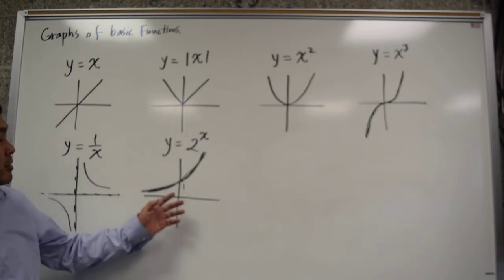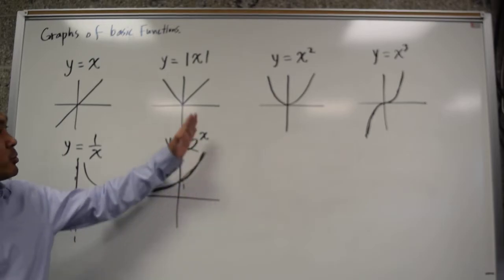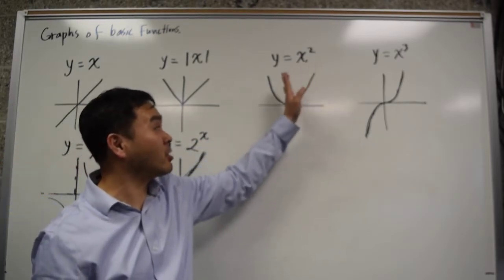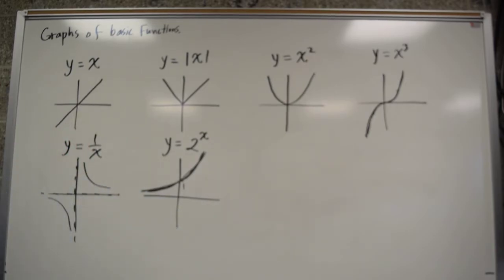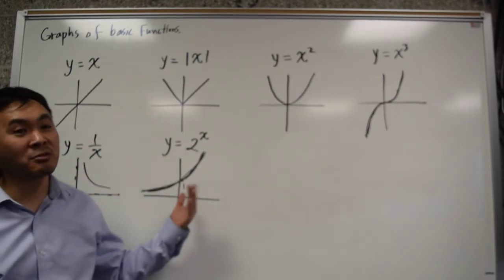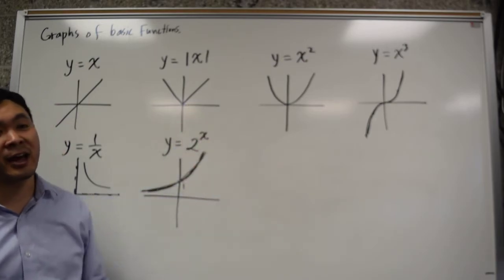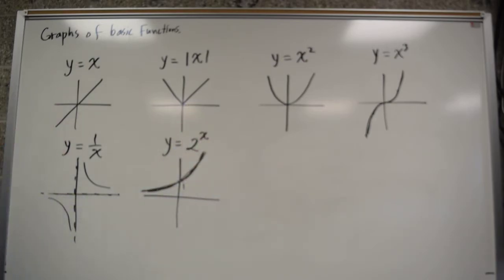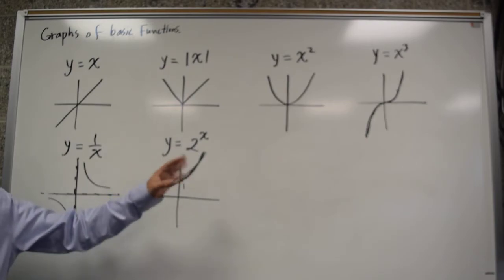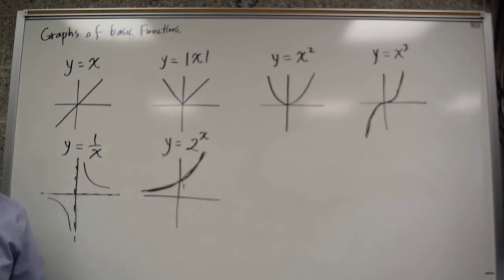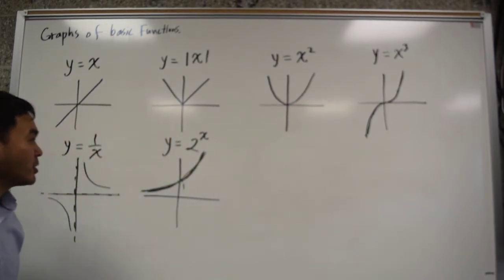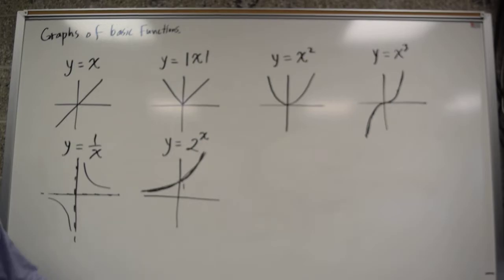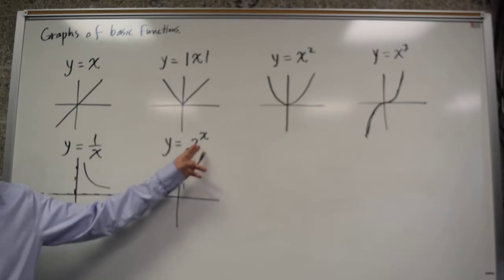Now notice that this graph is increasing. That's also increasing if you only see the right side. So when you describe a graph that's increasing like that, you can say this graph is exponentially increasing. Or you can also say this is increasing like a quadratic function. Now, exponentially increasing is a really, really scary thing.